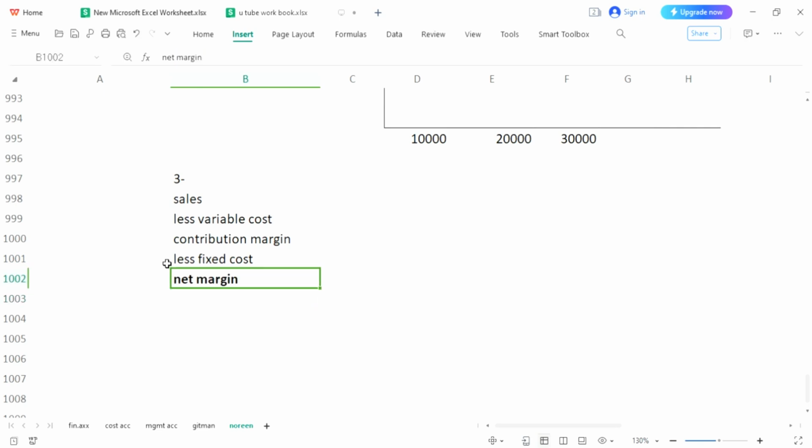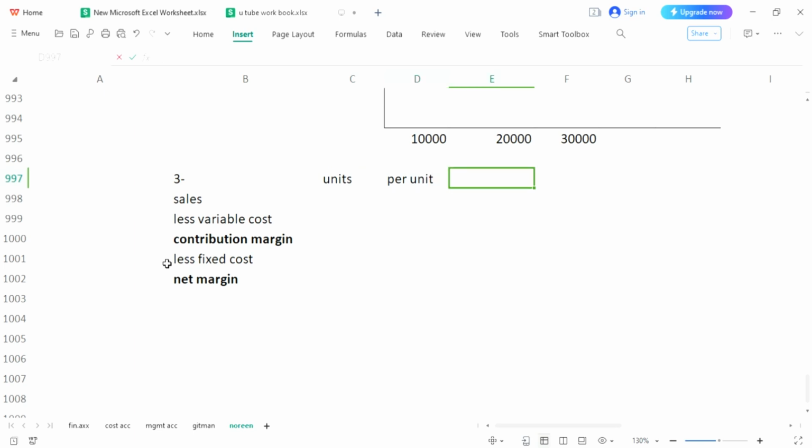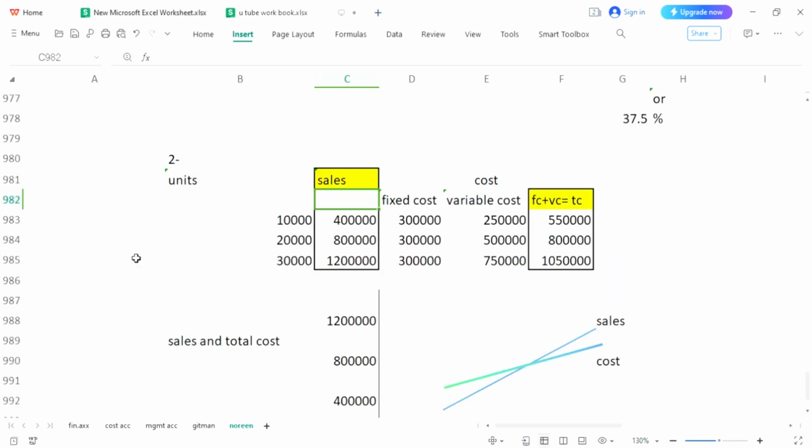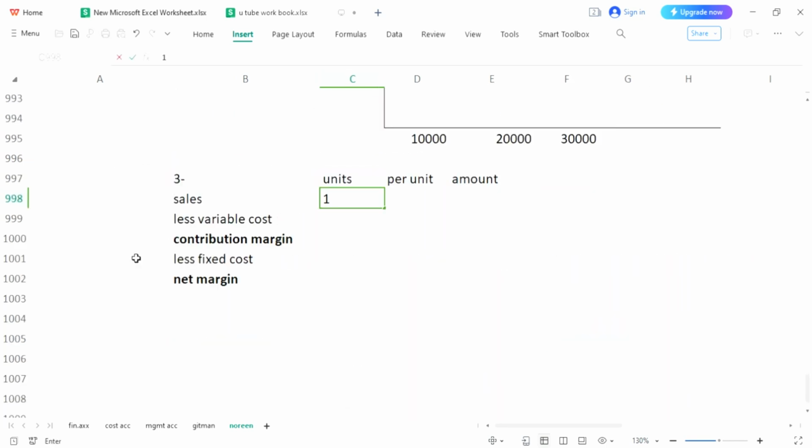This is our third part, but here we will write number of units, then per unit, and finally we will calculate the amount. Okay, and units are mentioned in point number 3, 19,000 shirts. So we will write 19,000 over here.